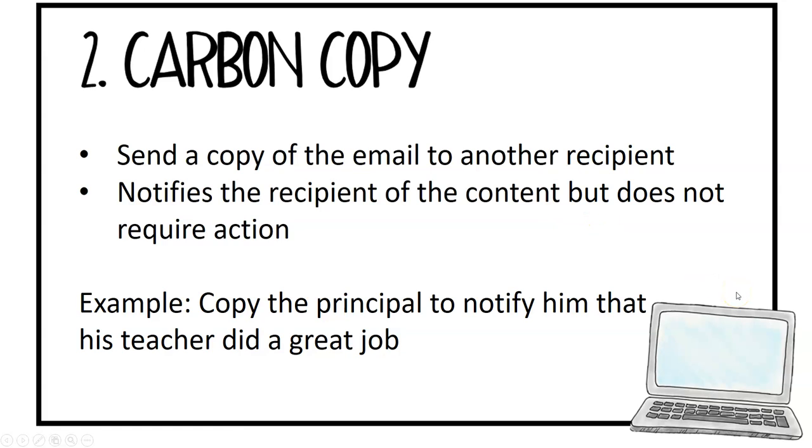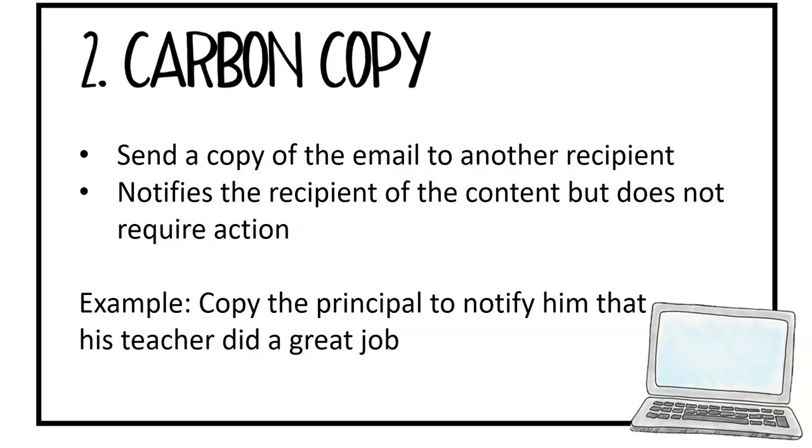All right, right underneath the "To," you're going to see this thing that I'll call CC. That's what it also looks like on the email. It'll say "To," and then right underneath it says CC. And what CC stands for is carbon copy. What happens is that sends an email to another recipient. It also gives a notification that they got an email, but it doesn't necessarily mean that you want that specific person to respond.